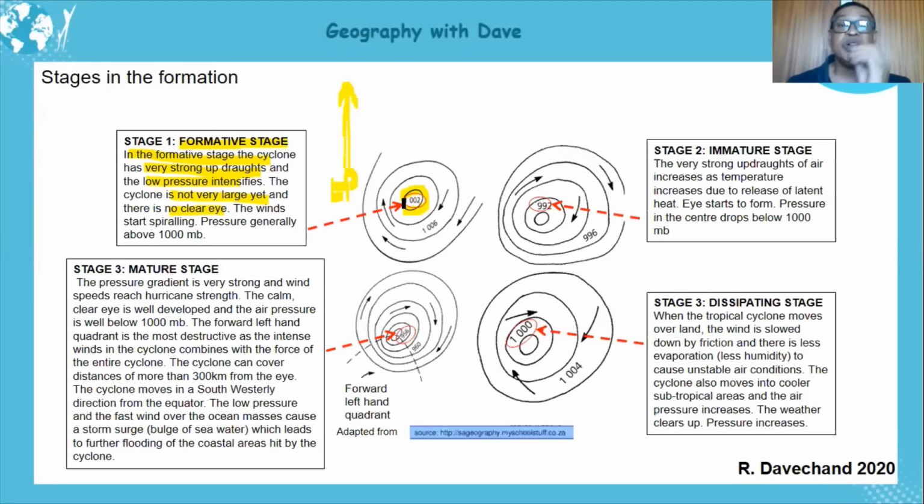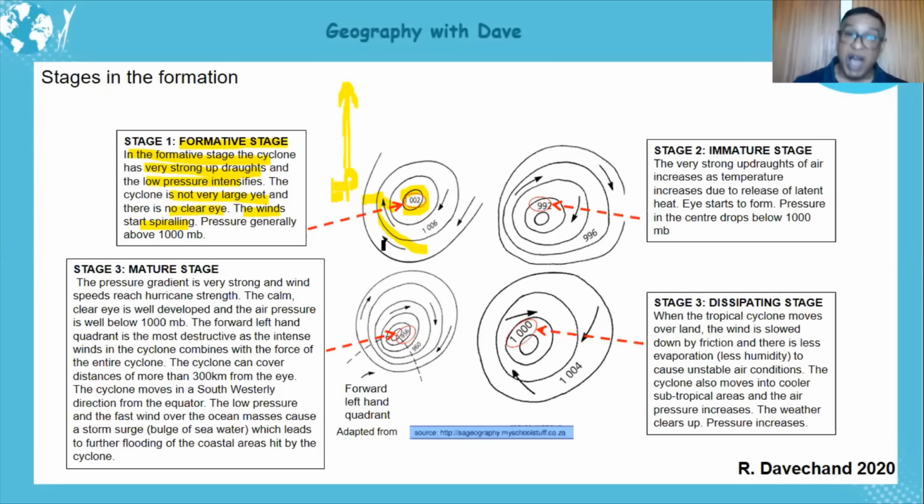The wind starts spiraling inwards. Can you see it starting to spiral inwards because the low is getting more intense? They start moving and circulating. Obviously, this is the southern hemisphere because it's moving clockwise. It's moving in, and therefore, as the pressure gets lower, more spiraling air will start.